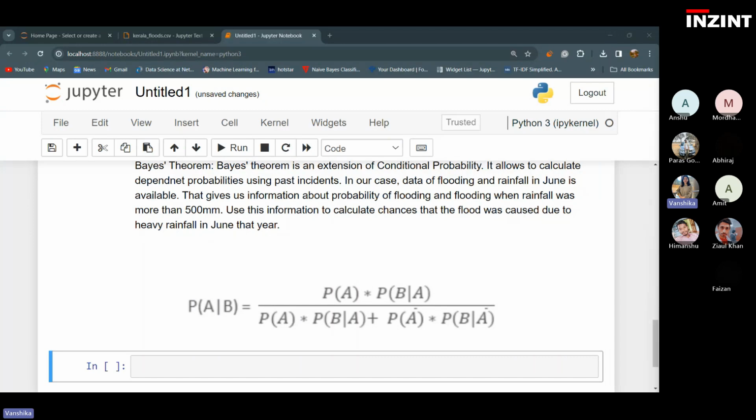All right, guys. Shall we start? Himanshu and Modraj, if you have loaded the dataset.